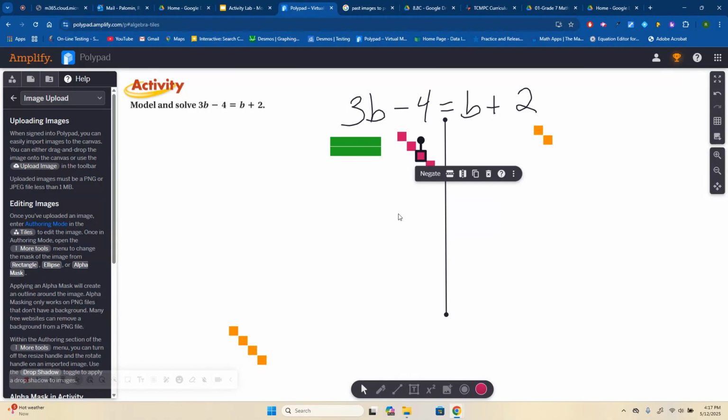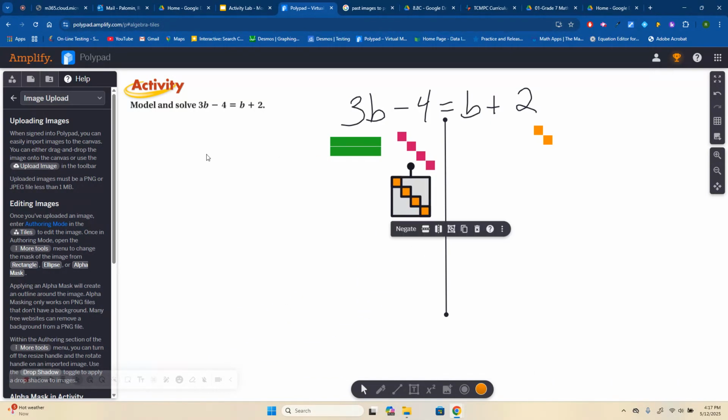Okay. I want to remove this minus 4. So what I do is I put a plus 4 on this side. But again, I'm adding 4 to one side, and to keep things balanced out, what I do to one side, I have to do to the other. So if I put 4 here, I have to put 4 on this side, so the weight stays the same.